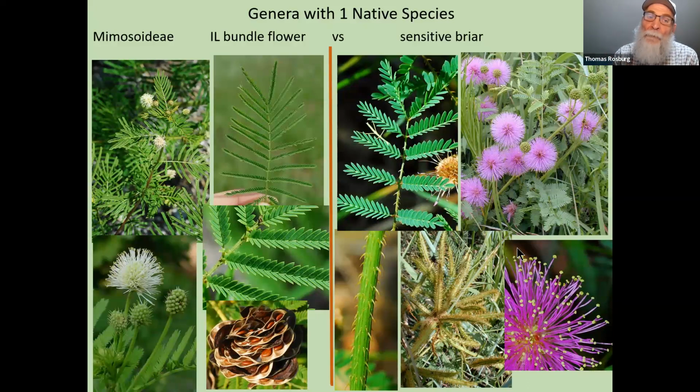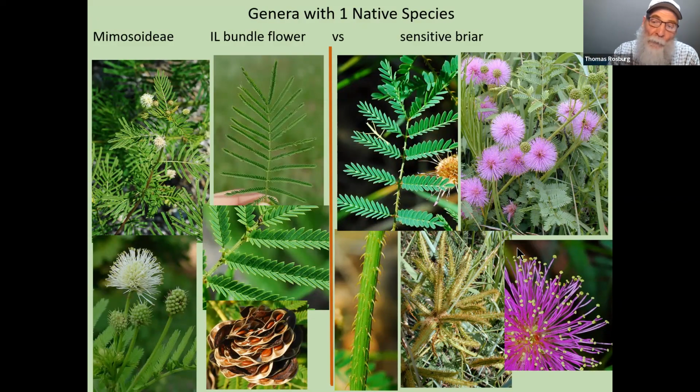And that's the other thing about Mimosoids: they almost always have twice pinnate compound leaves and lots of small leaflets, and also leaflets that are able to respond to touch or to light. In other words, they exhibit leaf movement, leaf tropisms.